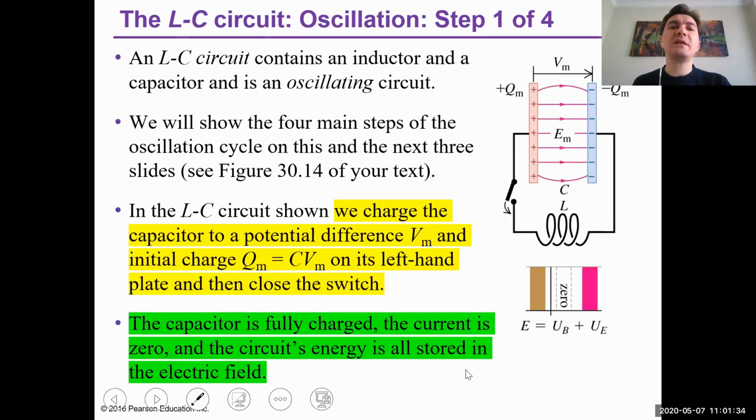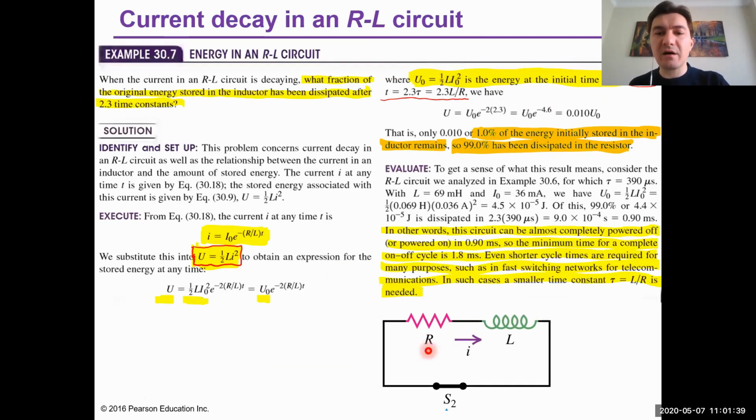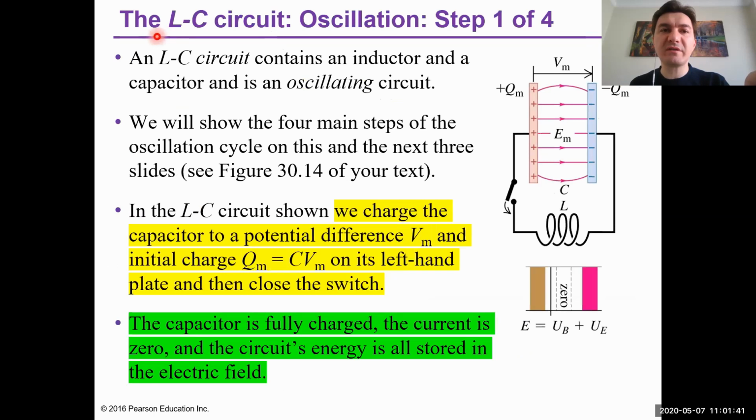Then let me continue with the LC circuit. This was the RL circuit. Now we will continue with the LC circuit. And what about the current in that type of circuit? Here we have an inductor, and here we have a capacitor, with initial maximum charge Qm on the positive side, and the same amount of negative charge on the negative plate on the right side.